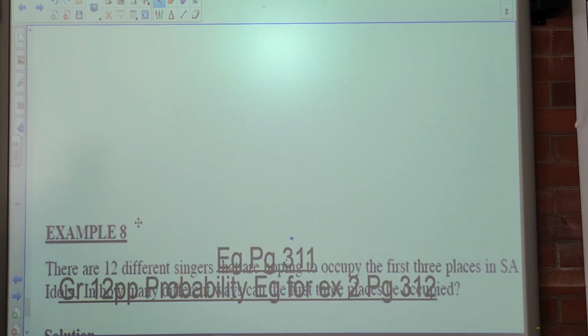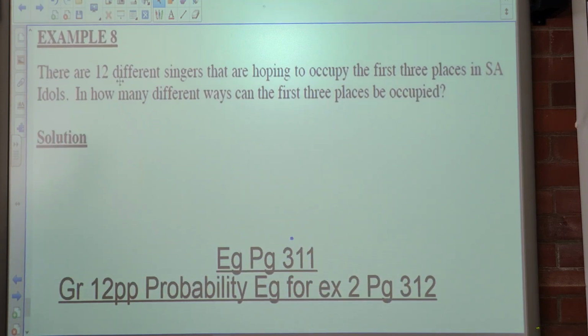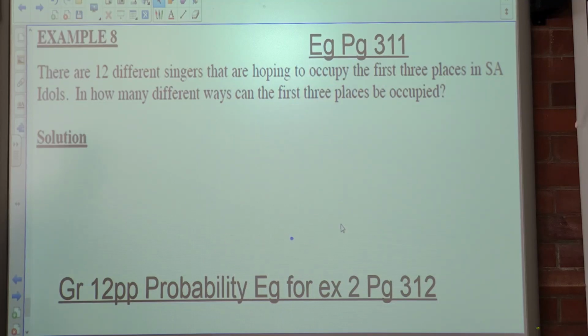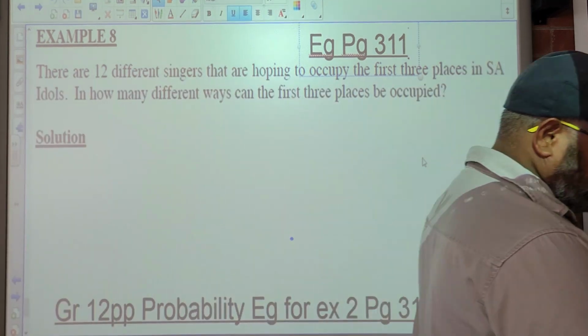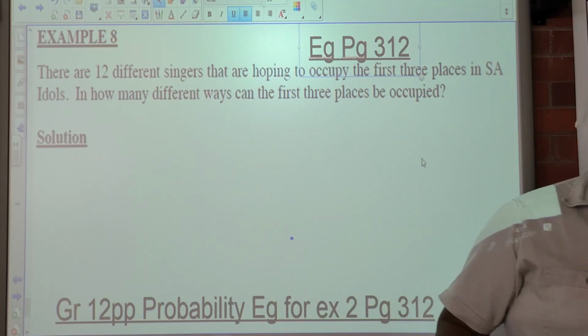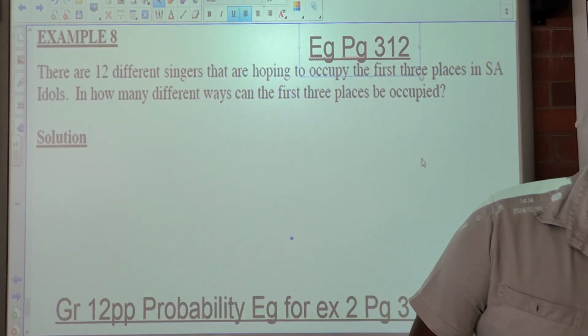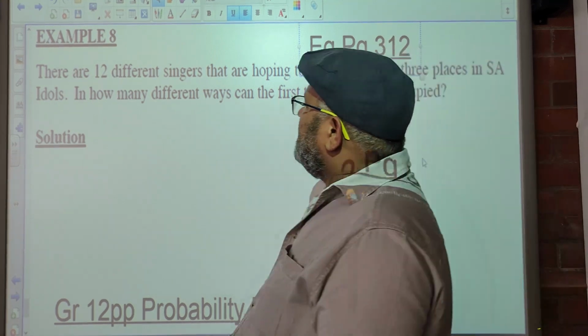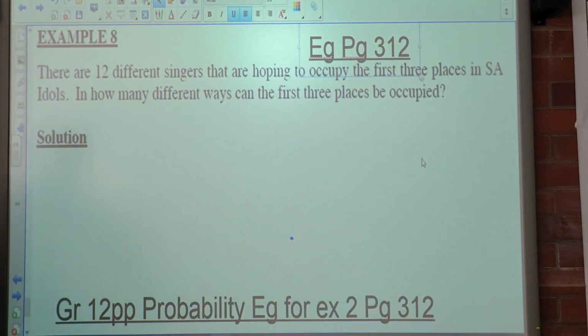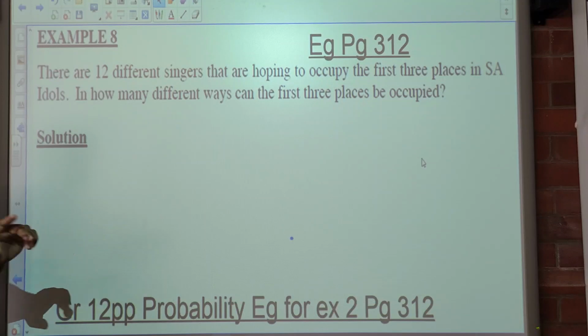Number 8. We're still on page 312. Here we are told there are 12 different singers hoping to occupy the first 3 places in South African Idols.